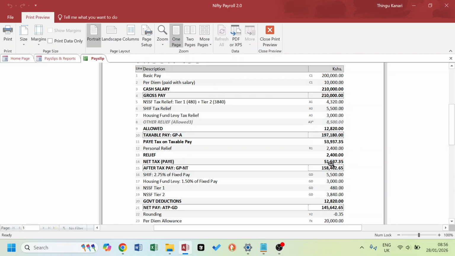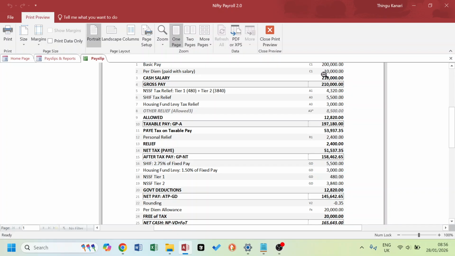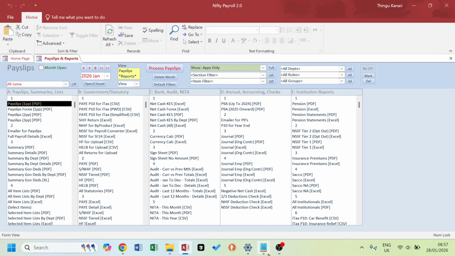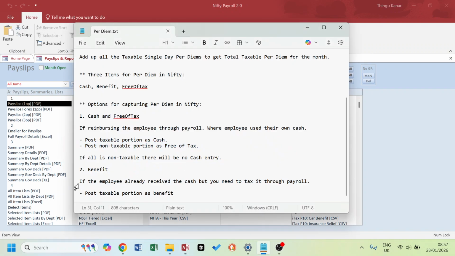And then, of course, it affects the tax. Then only the net portion minus the tax bit of that will reach the person's net cash. Then the free of tax portion here lands inside here in full. I hope that's clear.